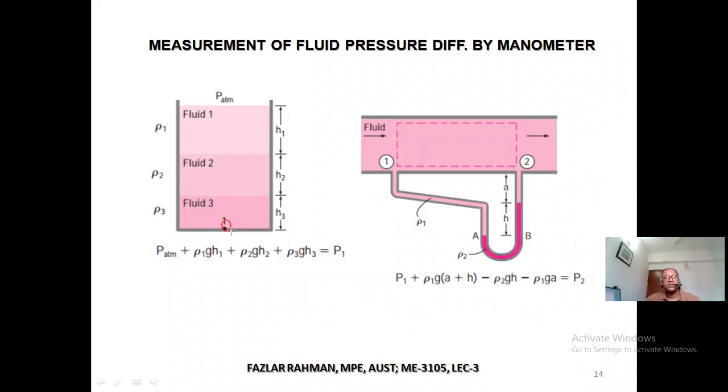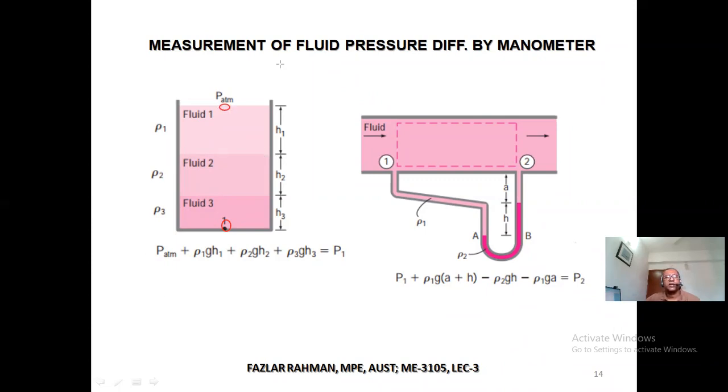You have 3 layers of fluid and their heights are given. So easily you can figure it out by your manometric pressure rule. To figure out pressure P1, you walk down from the top point. Right over here is exposed to the atmosphere, so the pressure is P atmospheric.